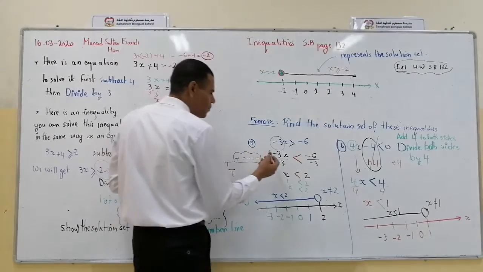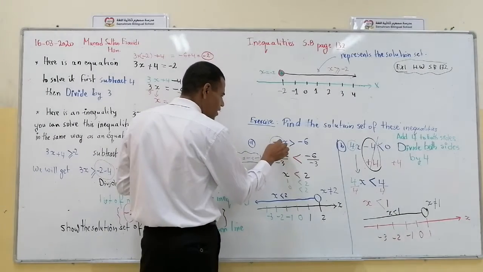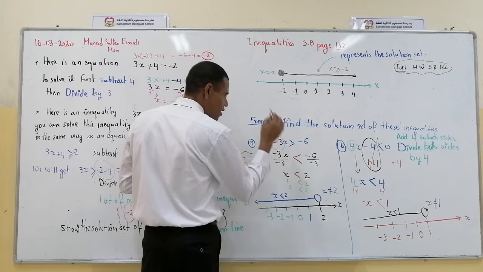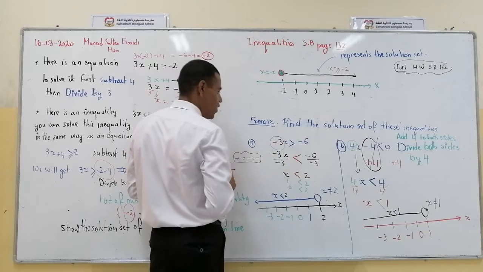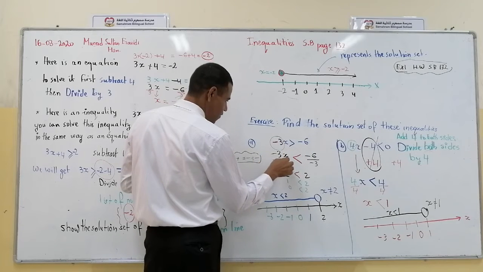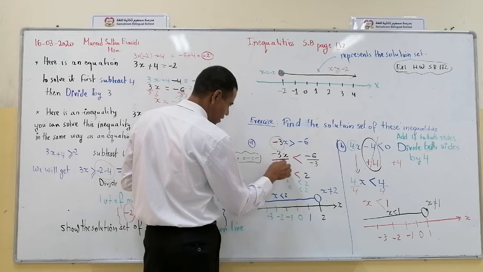For example, here what is the coefficient? Negative 3. So, to isolate the value of x, I should divide both sides by negative 3. This is negative 3 divided by negative 3.